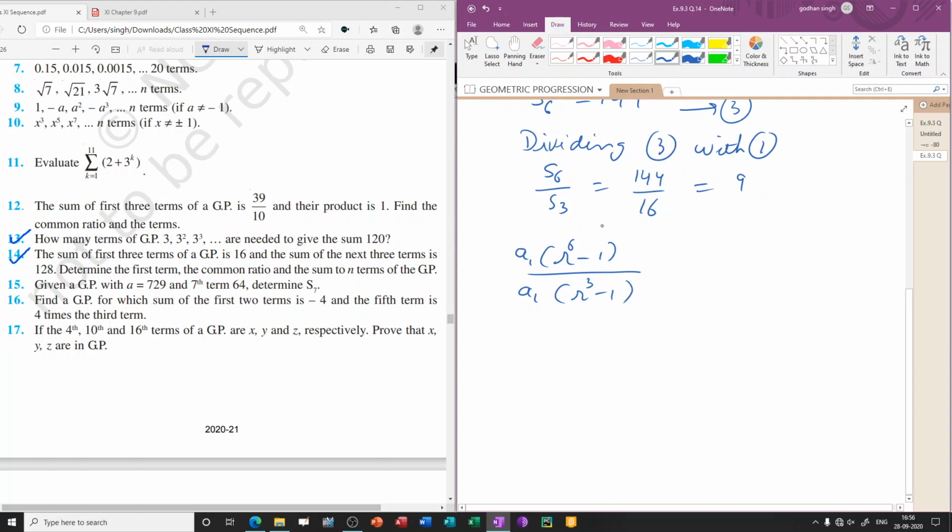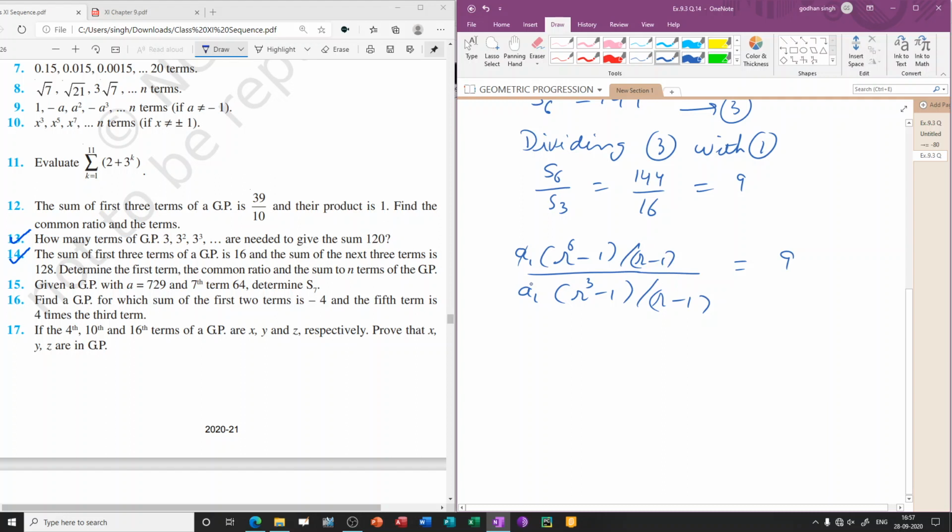And why have we not written r minus 1? Because S6 will be A1 into r to the 6 minus 1 over r minus 1, and S3 will also be A1 into r cube minus 1 over r minus 1, and it will be cancelled out. In case you want to write it, you can write r minus 1 here also, the choice is yours, equal to 9.